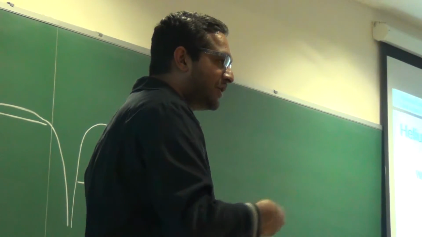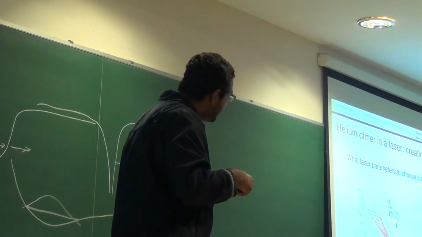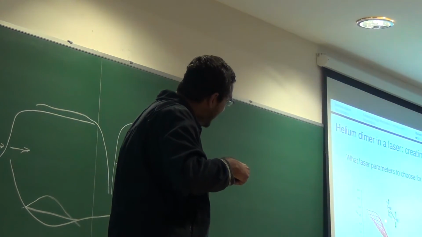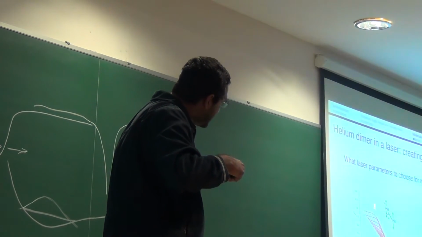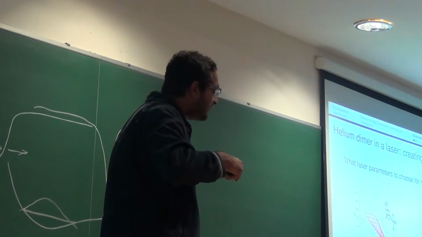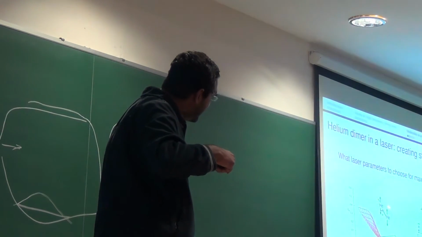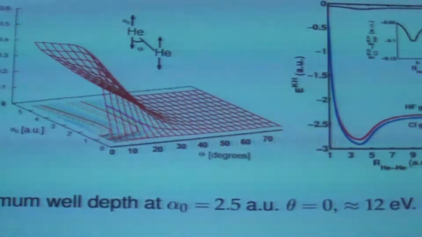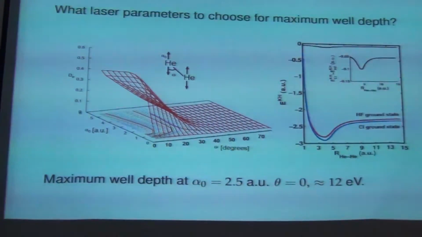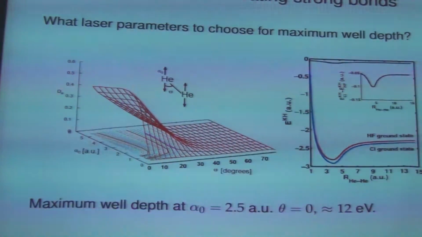So what we did was we changed the angle of helium around the laser direction, and we also varied the bond distance of helium. And we also changed this particular value called alpha 0.